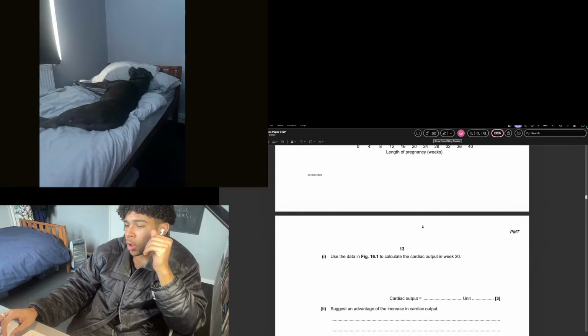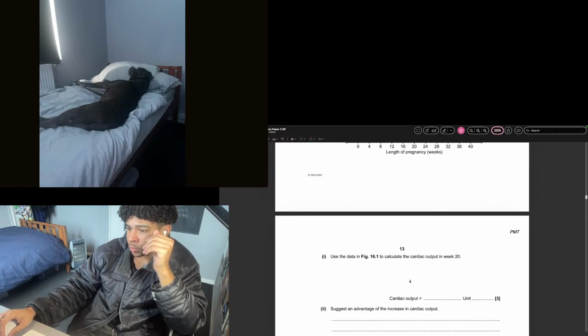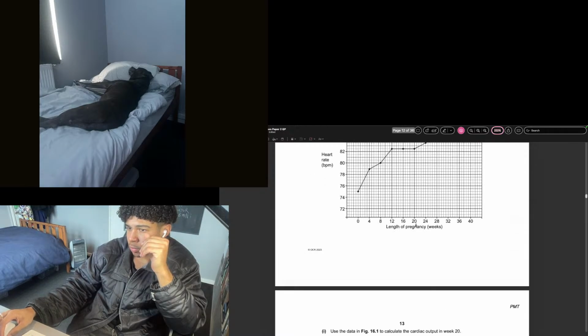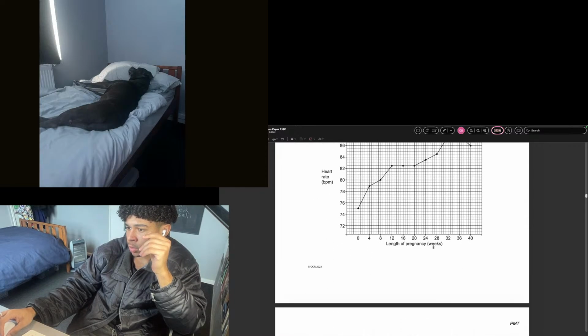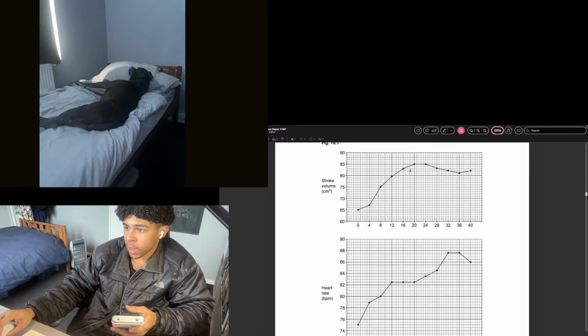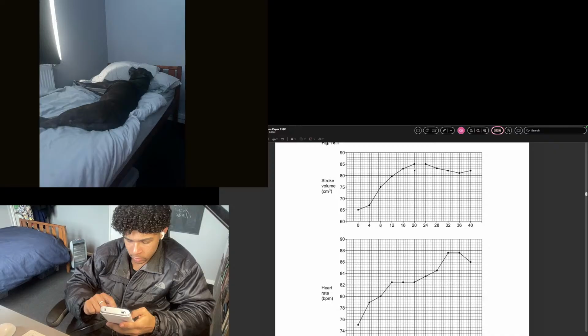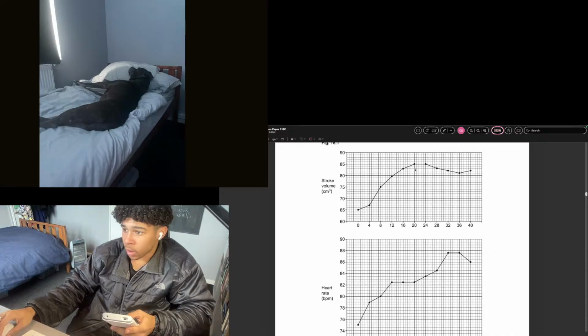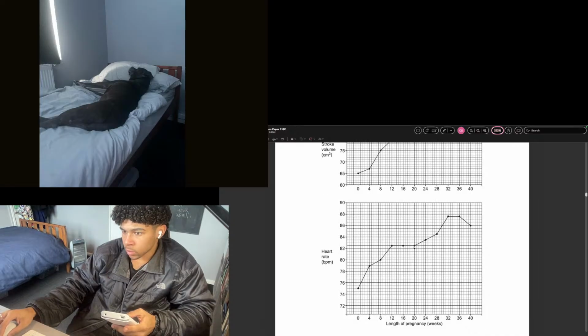Okay, cardiac output is beats per minute times stroke volume in week 20. So I'm not going to write this out. 85 times 80. 0.25, 0.37, 357.